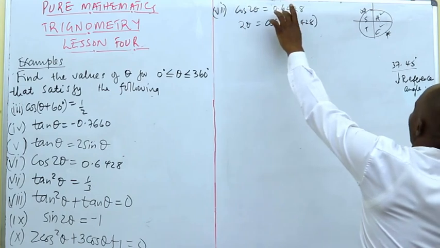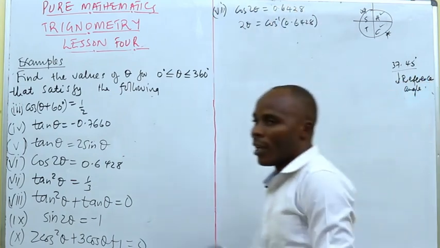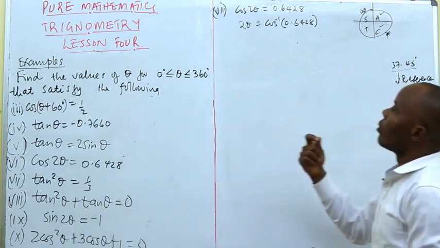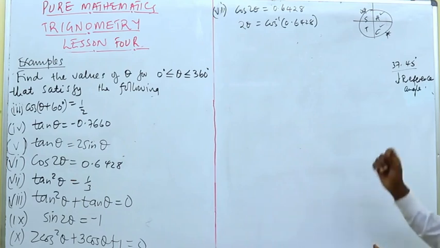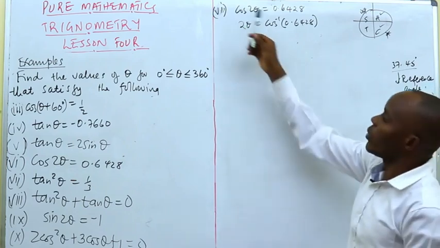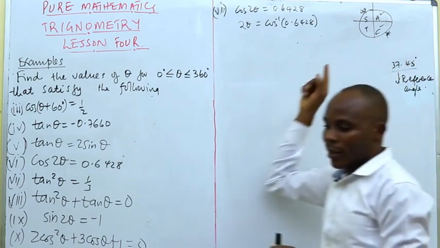Now, focus here. 0.6428. That is a positive trig ratio. It is a positive value. So if it is a positive value, cos is positive in the first and the last. Okay?